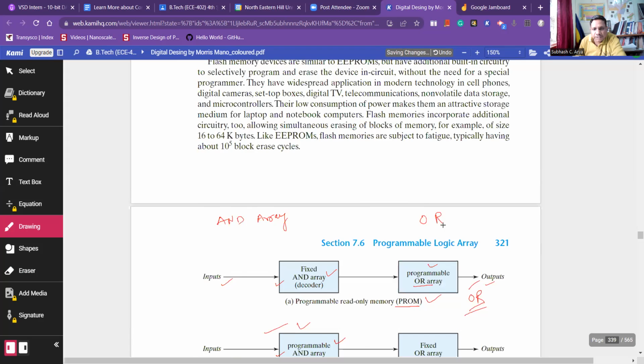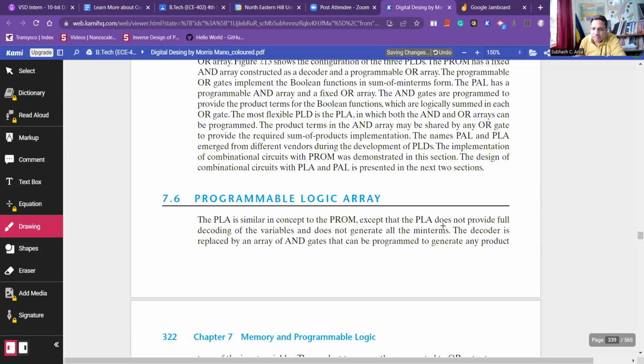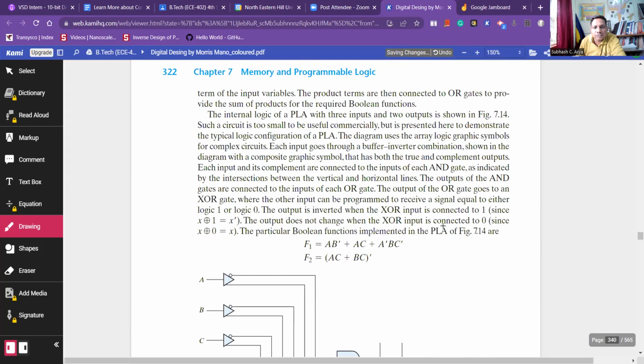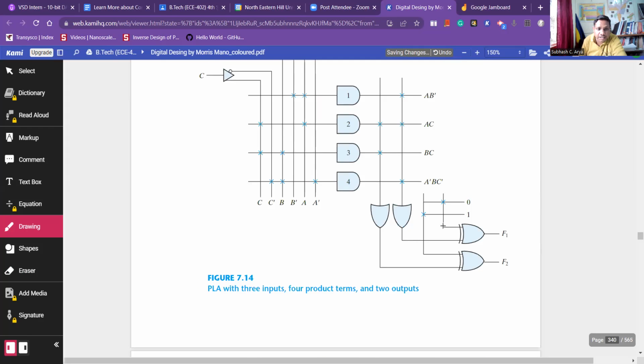Now, we will meet again in another class regarding how to realize circuits with PLA.